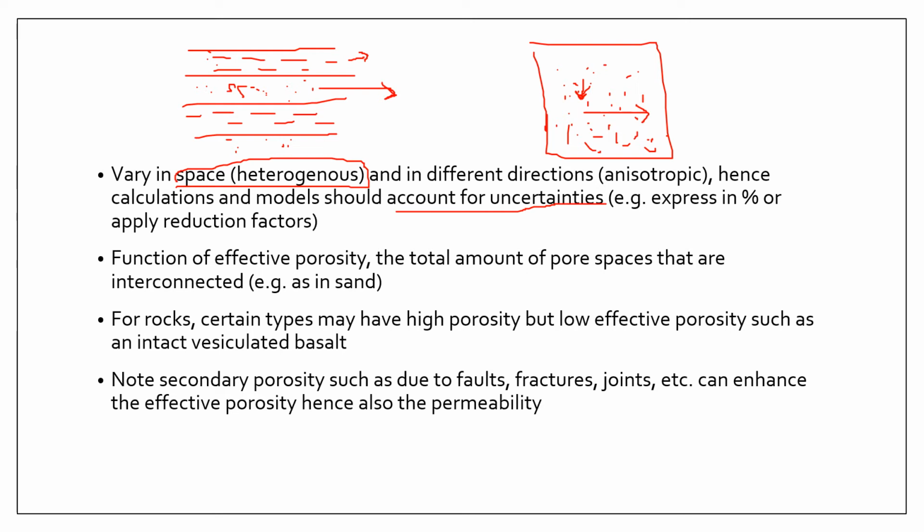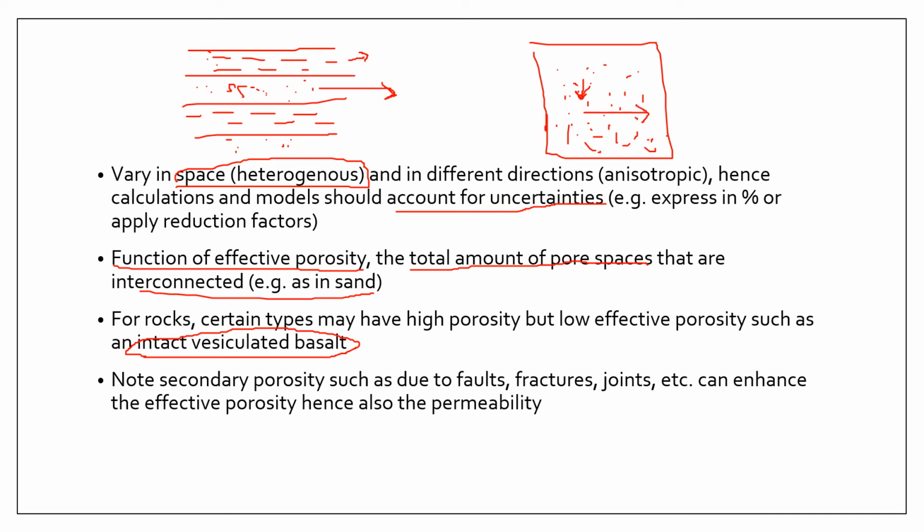Another fact: hydraulic conductivity is also related to your effective porosity, or how many pore spaces in your rock or soil are actually interconnected. For example, take a fresh vesiculated basalt which is intact, meaning it's not fractured.